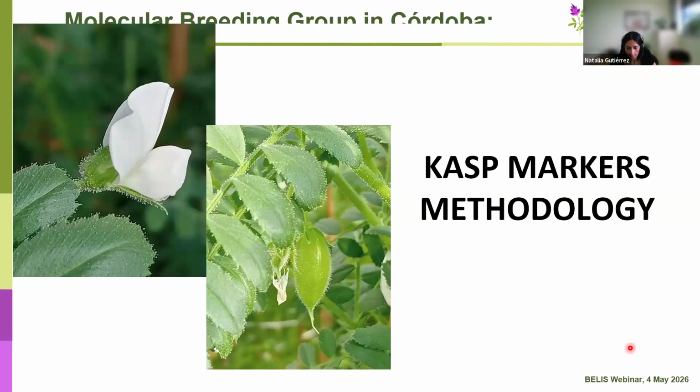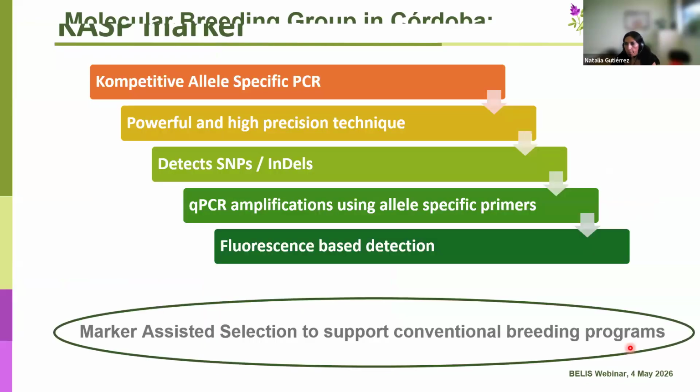My name is Natalia Gutiérrez, researcher at IFAPA. I'm going to talk about the methodology to develop a KASP marker assay. KASP stands for Competitive Allele Specific PCR. It's a powerful and high precision marker technique used to detect genetic variation in individuals.